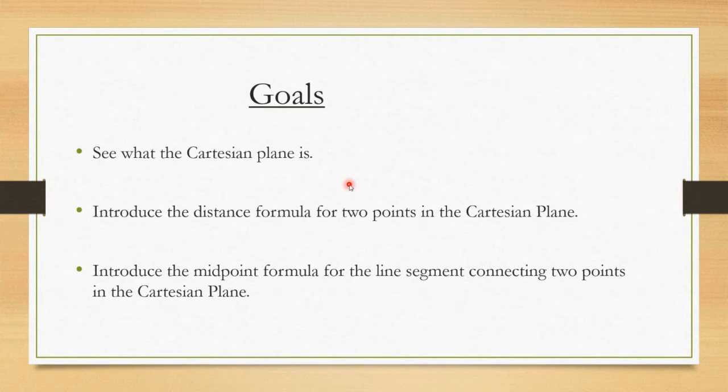We'll also see what's called the midpoint formula. If you have 2 different points, you could connect them by a line segment. The midpoint formula will give us the midpoint of that line segment. You'll see what I mean when we actually see that formula, okay? It's nice as you don't have to memorize these formulas.